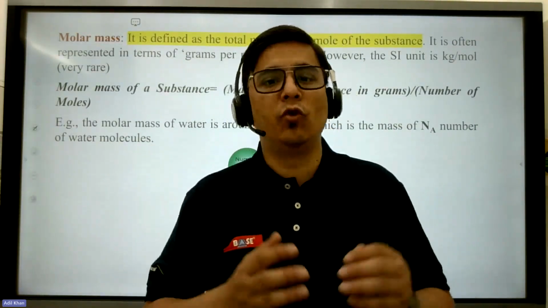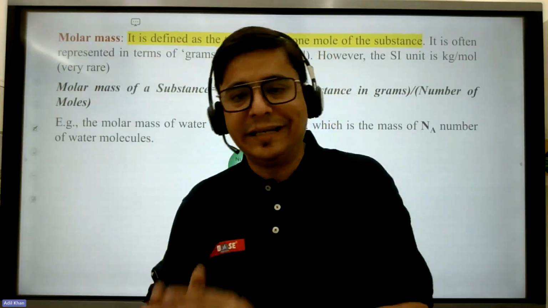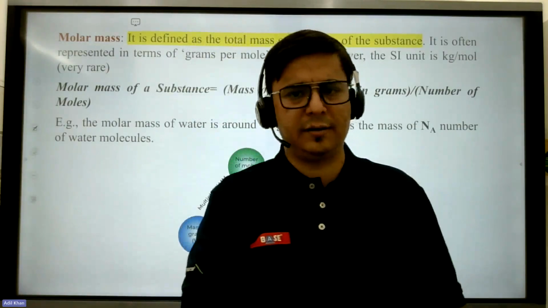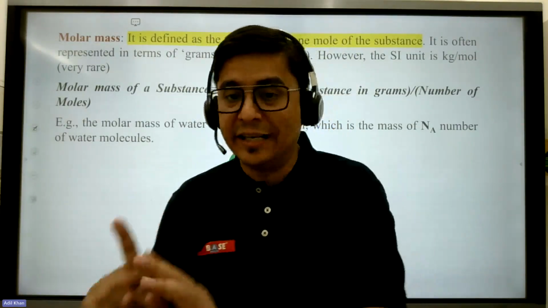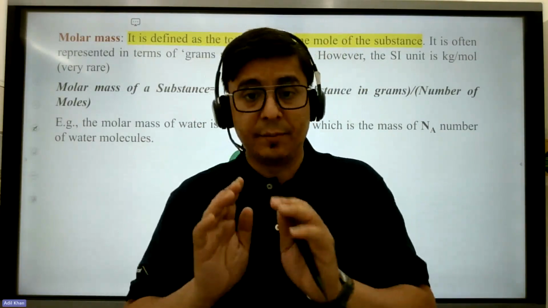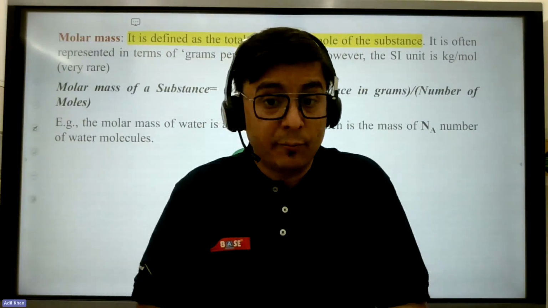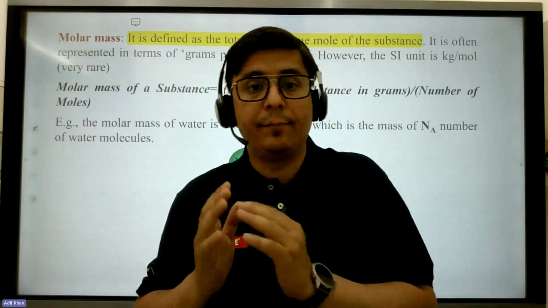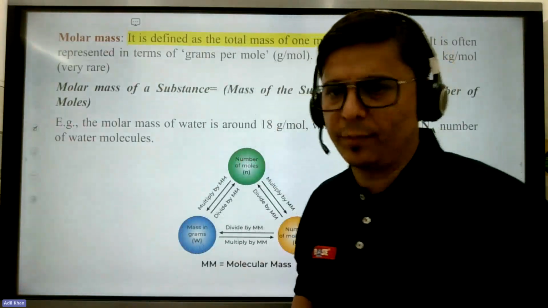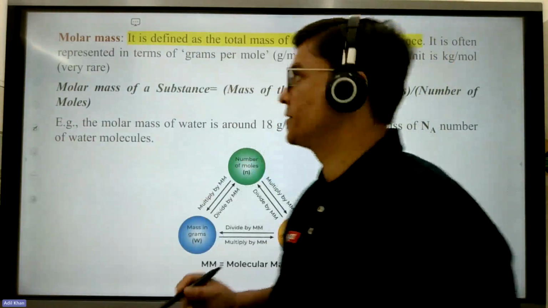For example, H2SO4 molar mass is 98 gram per mole. Similarly, water molecule mass is 18 units. In gram, it is 18 gram. Similarly, if I represent it as molar mass, it will be 18 gram per mole. Okay, so they are closely related to each other: the molecular mass, gram molecular mass, and the molar mass.